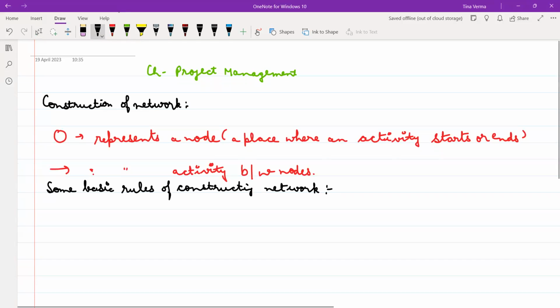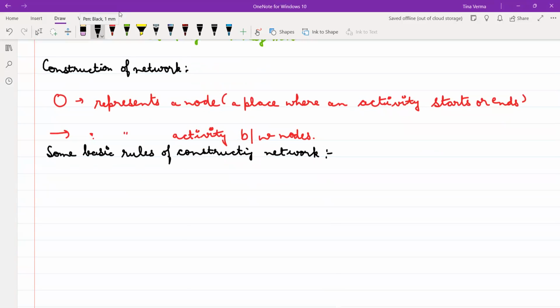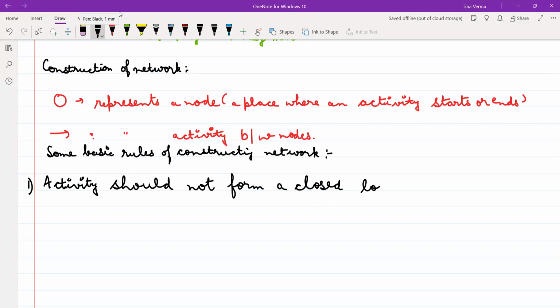The first one is that activities should not form a closed loop. Closed loop means where it starts and it ends there. It should not form a closed loop like this. This is not allowed.